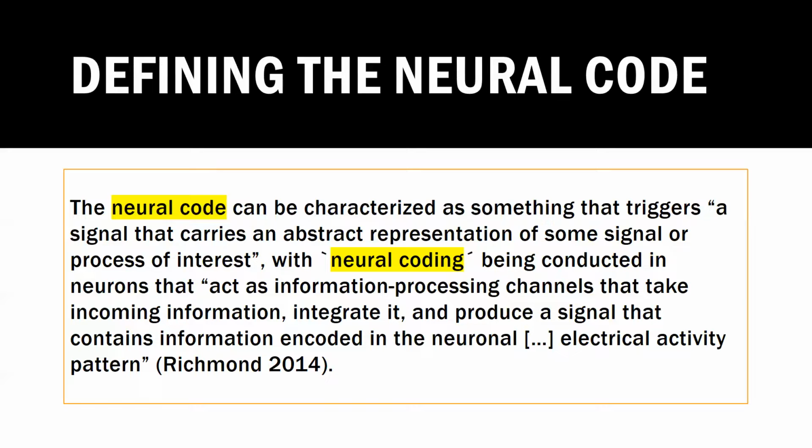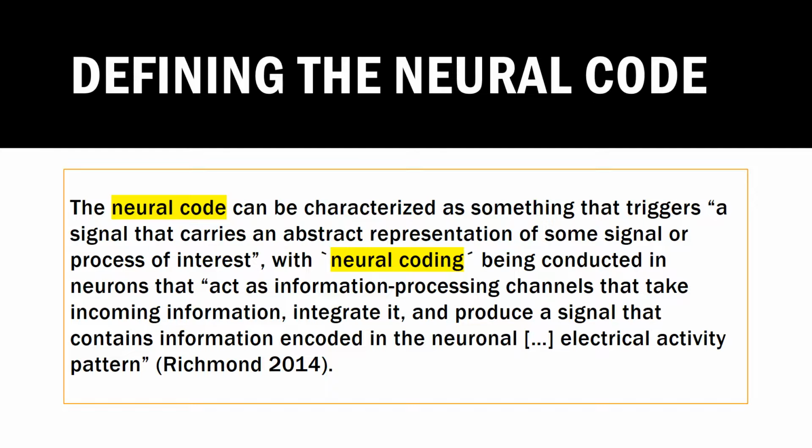First, here's a definition of the neural code. And that term is sometimes used in singular and sometimes in plural. Here it says in an encyclopedia definition that the neural code can be characterized as something that triggers a signal that carries an abstract representation of some signal or process of interest.